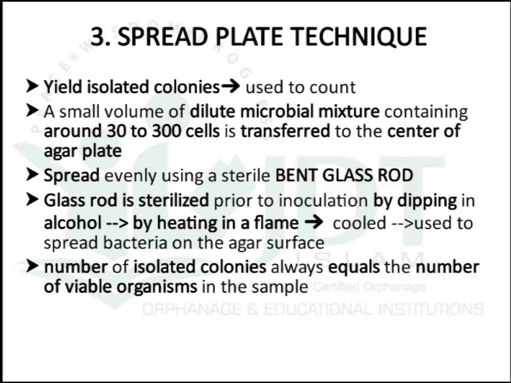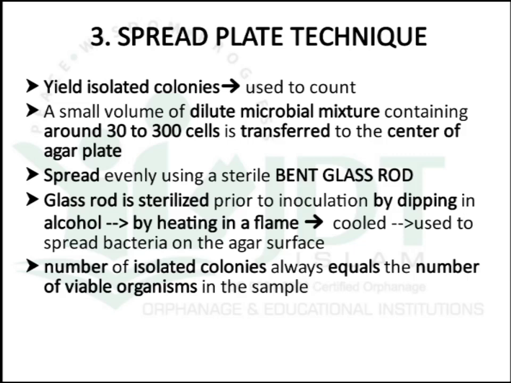The bent glass rod we have to sterilize prior to the inoculation by dipping in alcohol and then heating in flame and then cooling, and only after that we use it for spreading the bacteria on the agar surface.